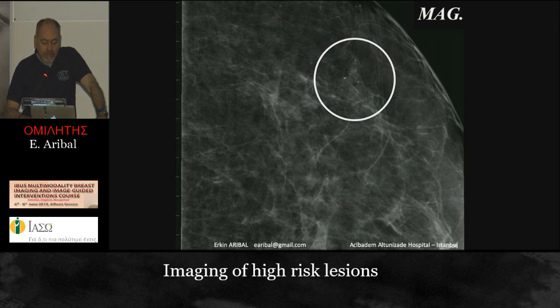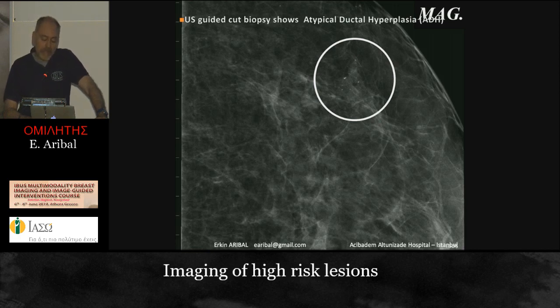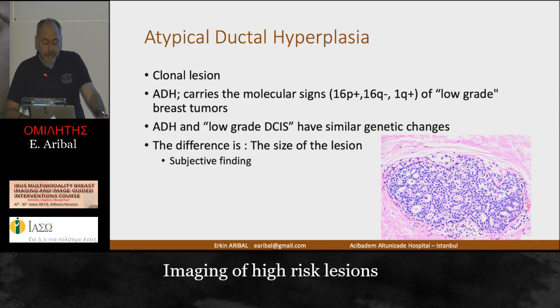It's a cluster of calcifications, some amorph, some heterogeneous maybe. And the result was atypical ductal hyperplasia. In this case, if you remove all the calcifications, it's okay, because there isn't another focus. It's one focus, and so you don't have to remove it.